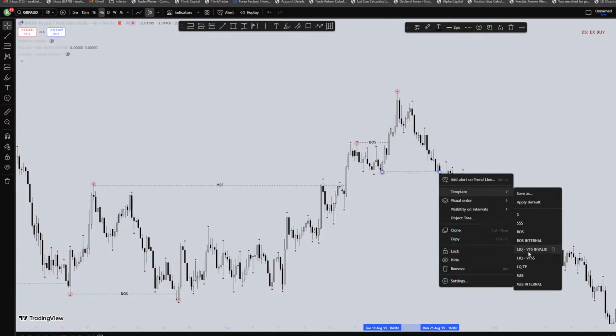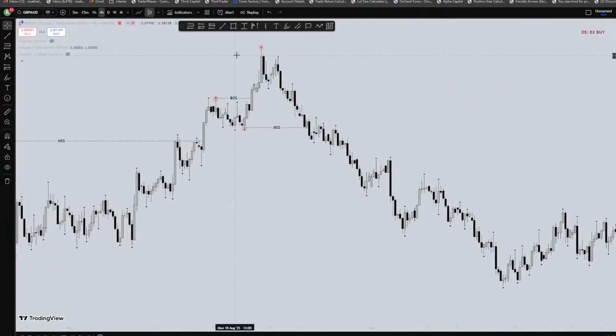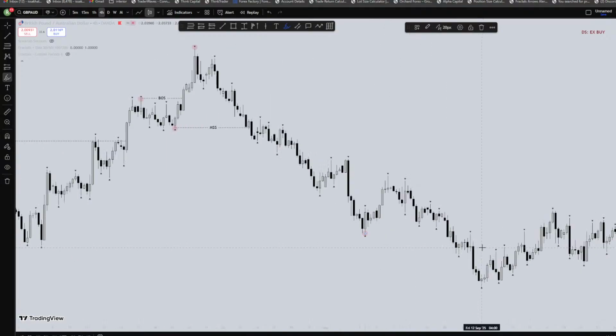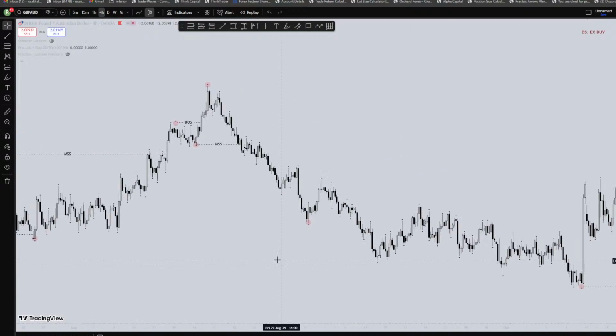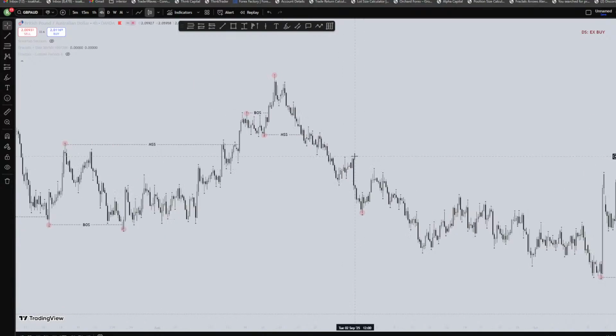Then MSS again. You can see how it's flowing. Then melted here, right? Seems to have just continued melting. So this is a valid peak.